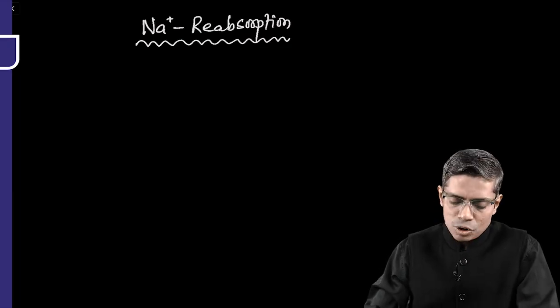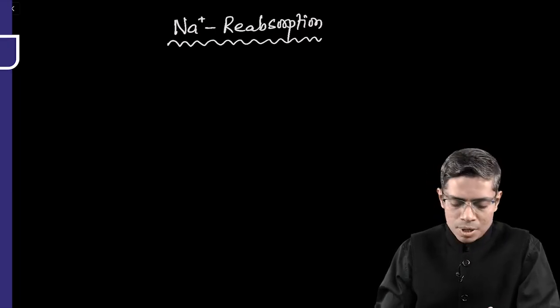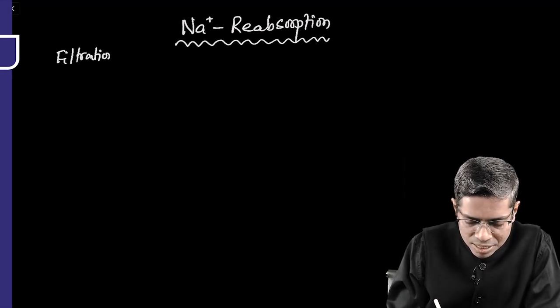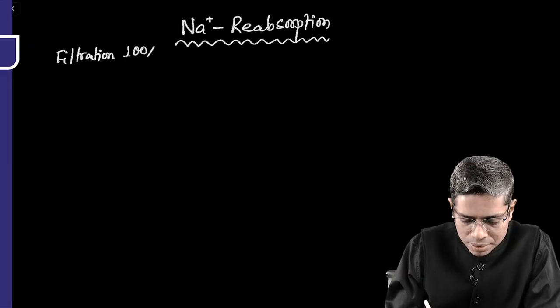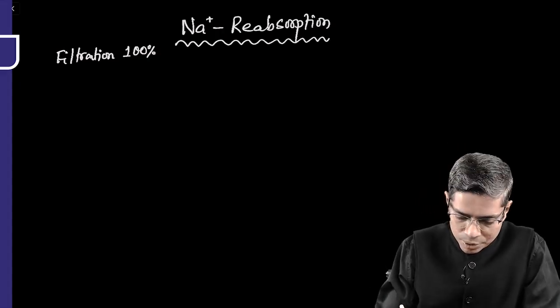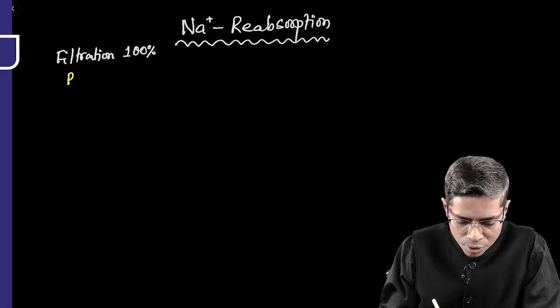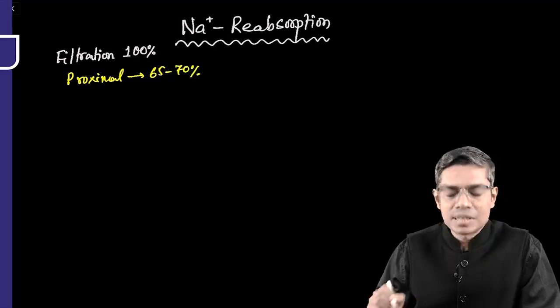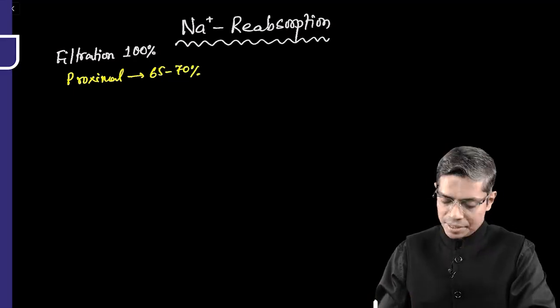How much percentage of total filtrate is going to be reabsorbed? Suppose the filtration amount of sodium is 100%. From this 100%, how much is going to be reabsorbed? Remember, the proximal tubule is going to reabsorb 65 to 70% of the total filtrate sodium, right?